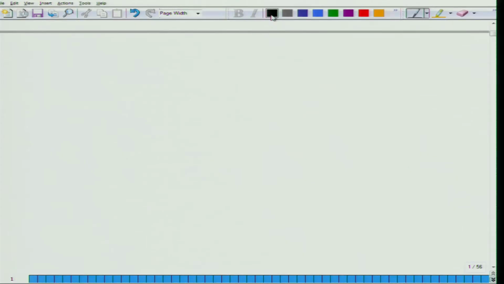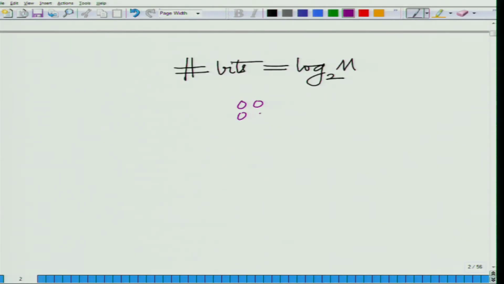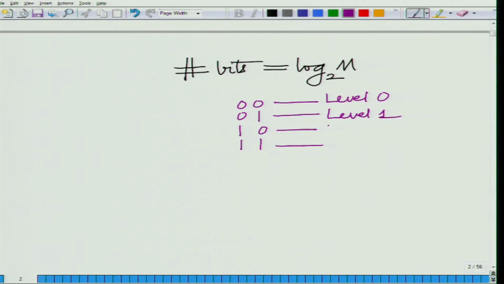Now, let us represent these M symbols. Since there are M symbols, the number of bits equals log M to the base 2. For instance, the 2 bits 00, 01, 10, 11 can be mapped to 4 different levels: level 0, level 1, level 2 and level 3.